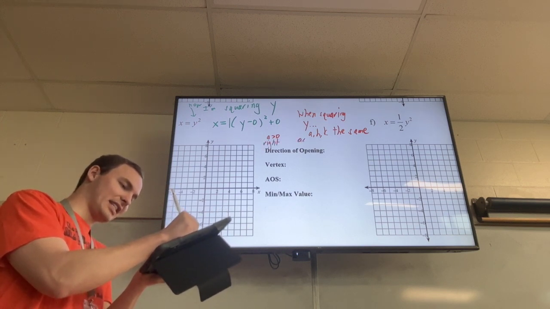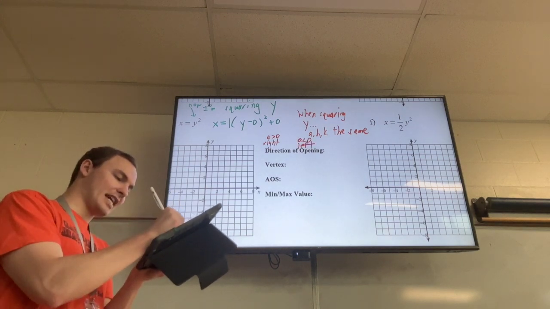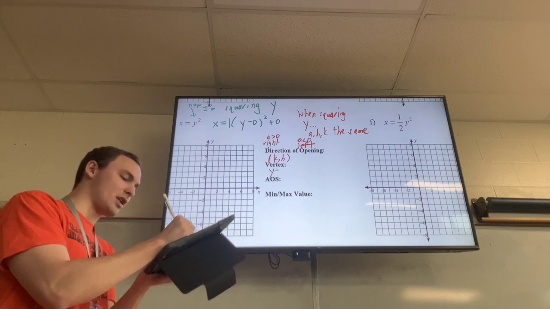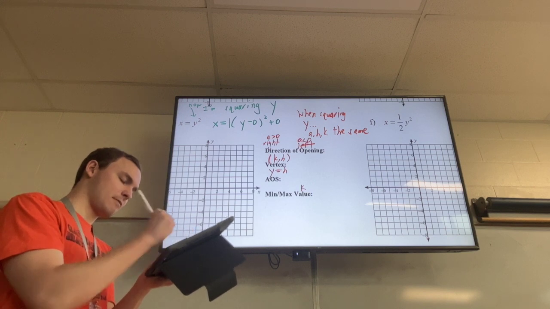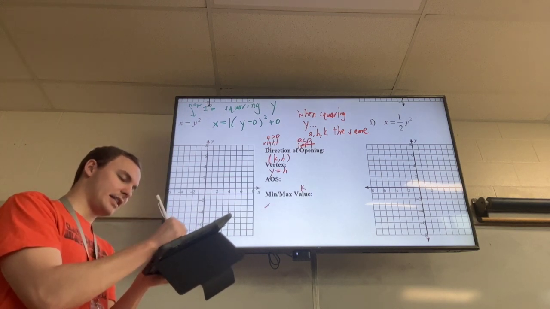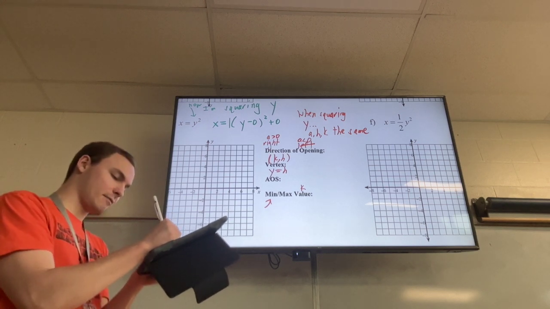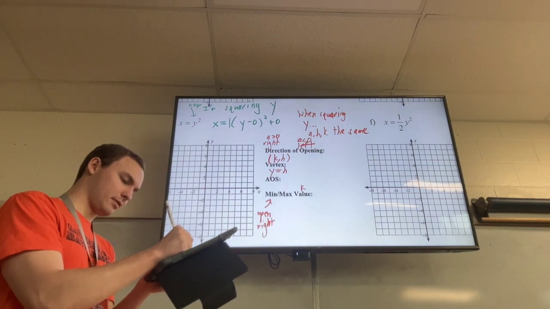When a is less than 0, it opens to the left. Your vertex is (k, h). Your AOS is y equals h. Your max and min value is still k. It's going to be a min when we open right, and a max when we open left.